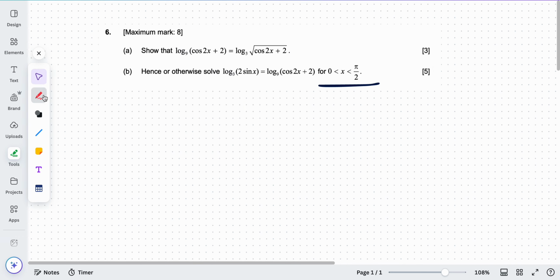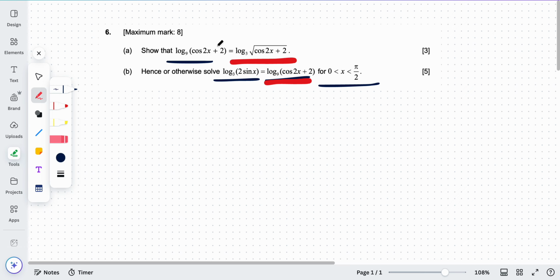Even if you didn't get part A, you can use the answer from part A. So this equals this, which we proved in the other question, so you can just reuse that.